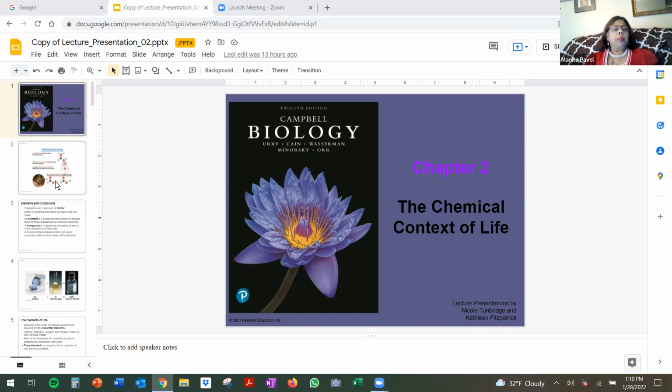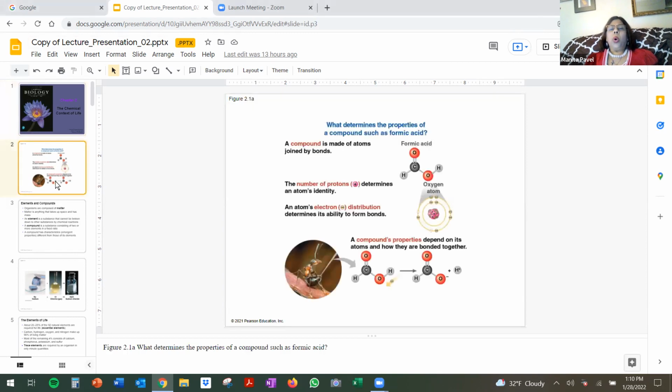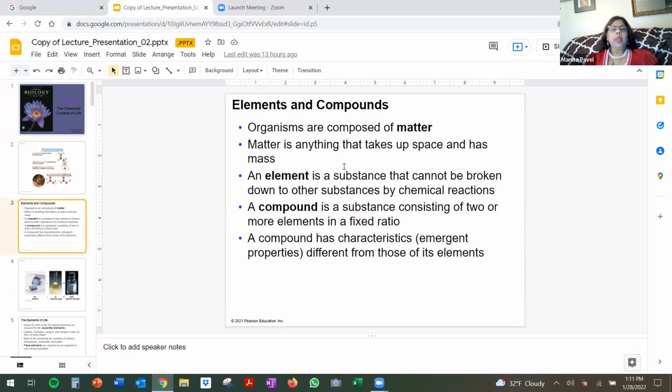So we know that all living organisms are composed of matter. And matter is anything that occupies space and has mass. So what then is the living matter present in our bodies?